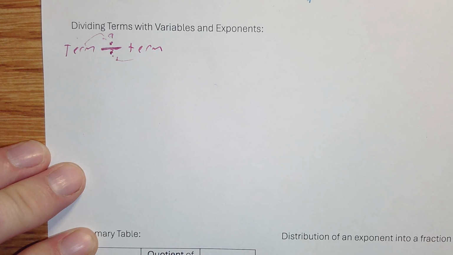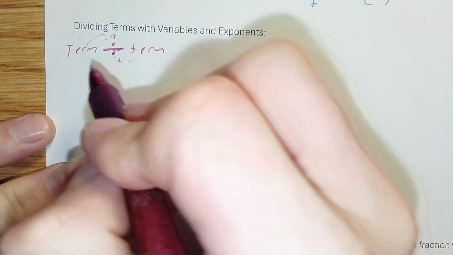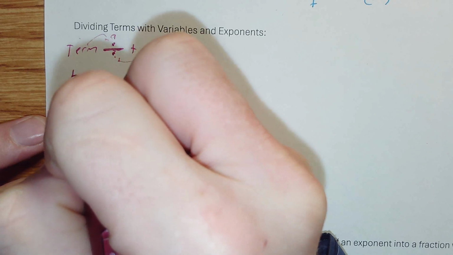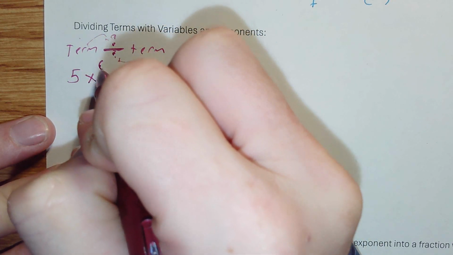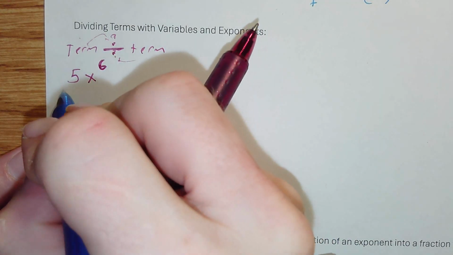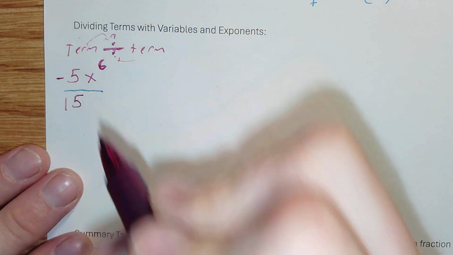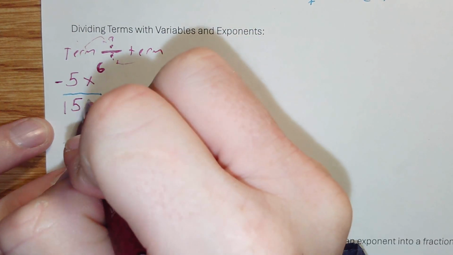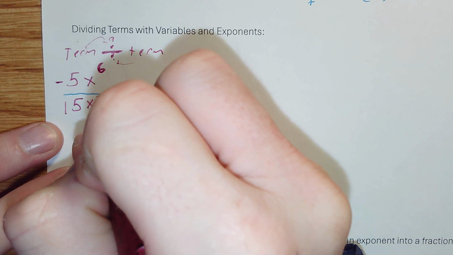All right, say I have 5x to the 6th over 15, negative 5x to the 5th over negative 15x to the 3rd.